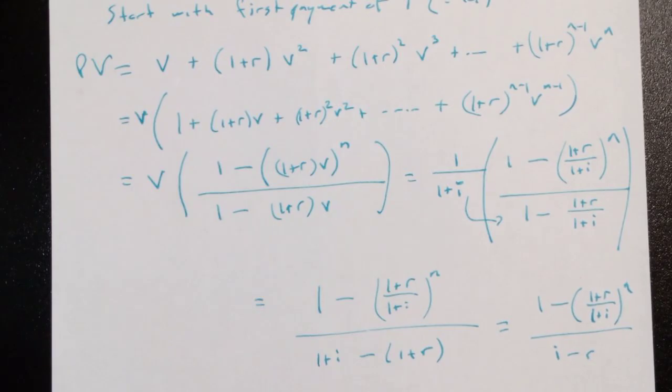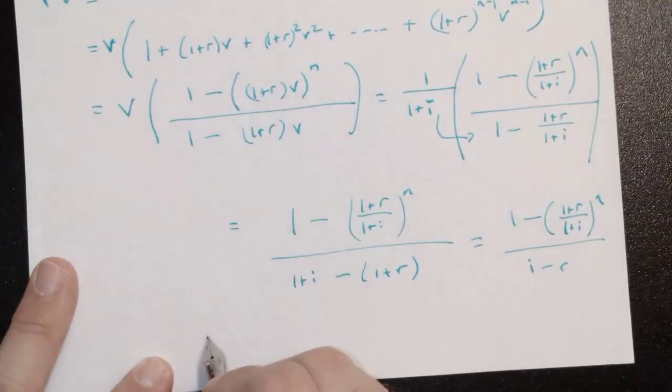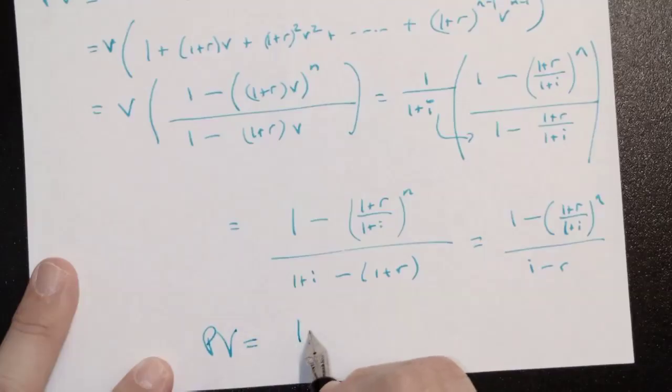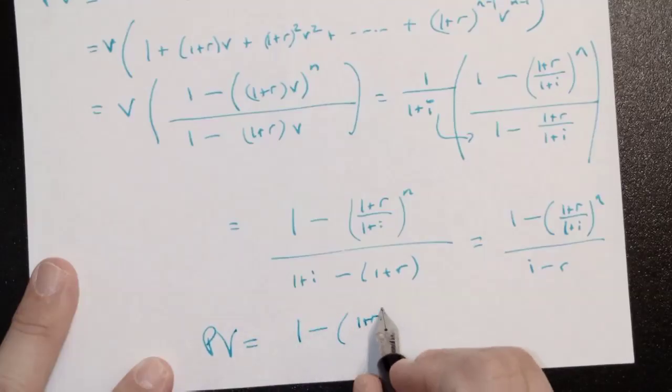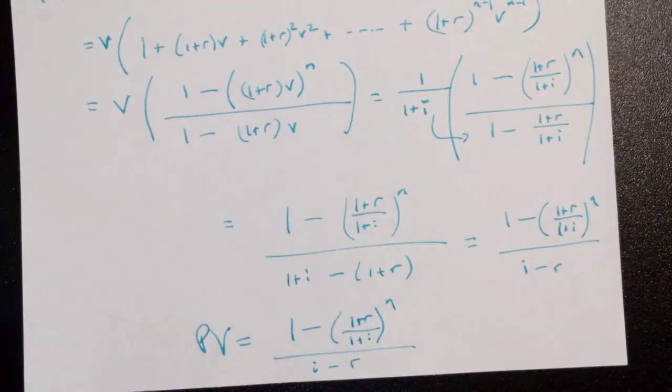So this formula right here, PV equals 1 minus (1 plus R over 1 plus I) to the N over I minus R. This formula is for an annuity immediate present value, where the payments go up geometrically.